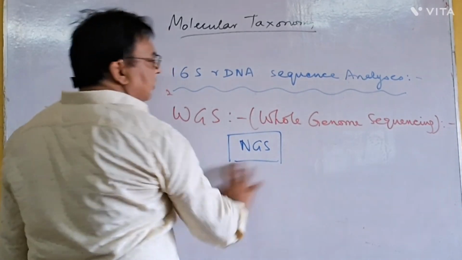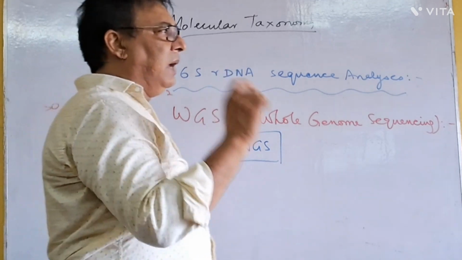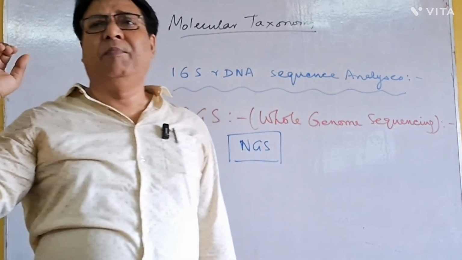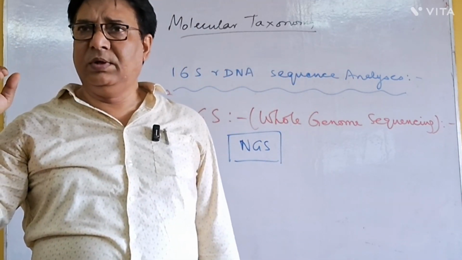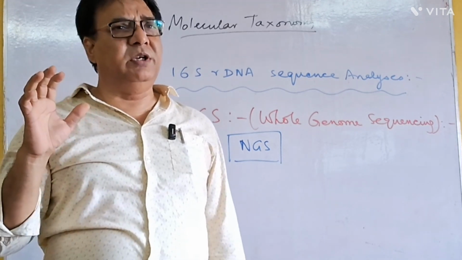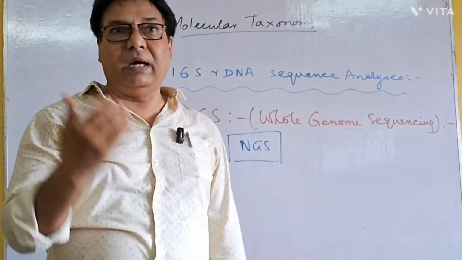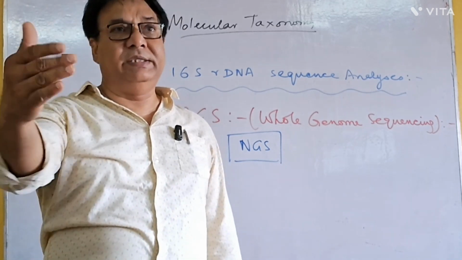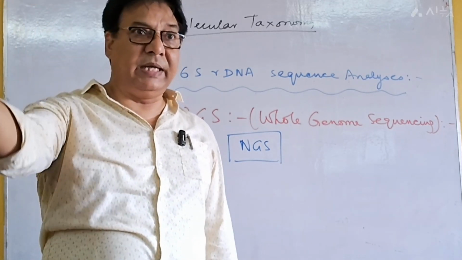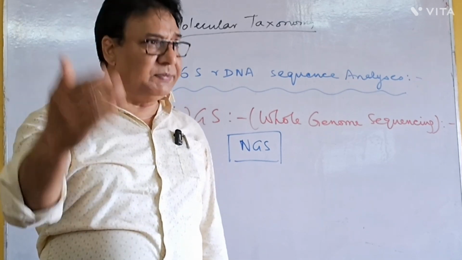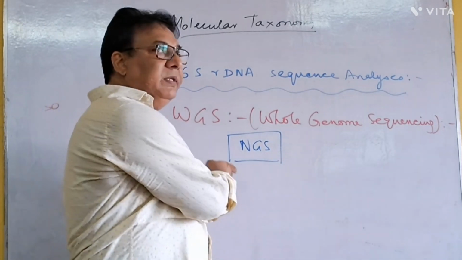So when you do whole genome sequencing of an organism, you have the sequence of each and every part of the genome. So now your task becomes much easier, you are knowing the whole thing at a glance. You can compare this with the existing data, with the type specimen directly. With the type specimen, your 16S rDNA sequence is also there.